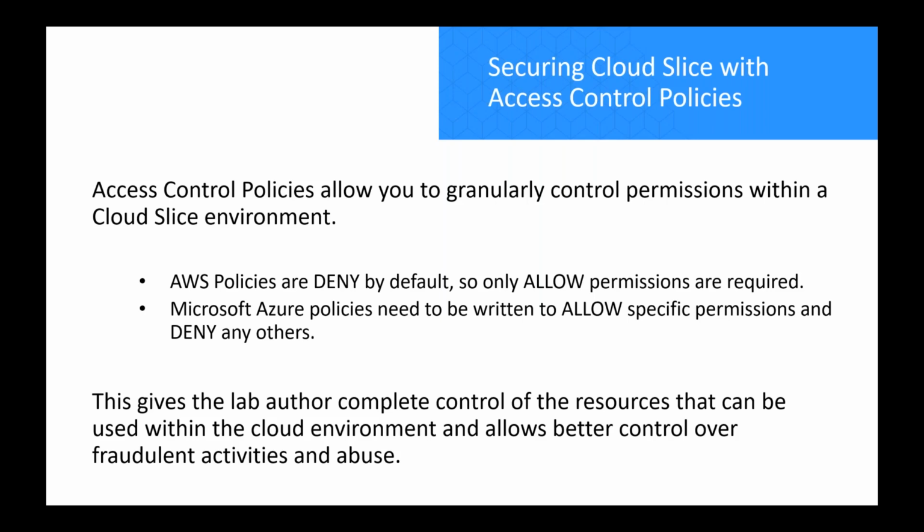And it's going to give you much more control over any potential abuse or fraud that can be done with that account. And again, what most of our authors end up doing is they create a set of baseline templates that they will reuse through their labs.